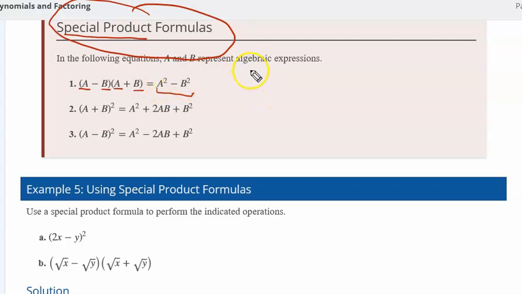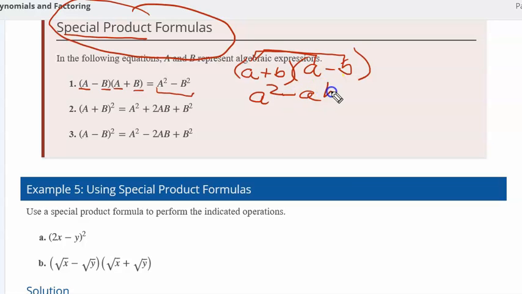Now let's give you an example here. (a plus b)(a minus b). So foiling it, we get a squared. Outers, a negative ab. Inners, a positive ab.